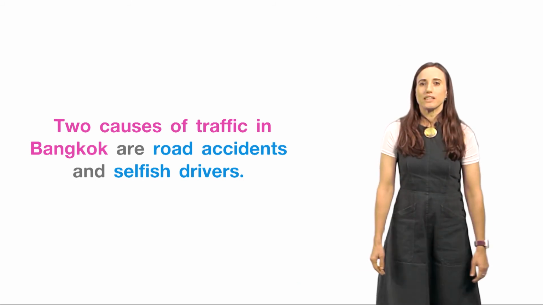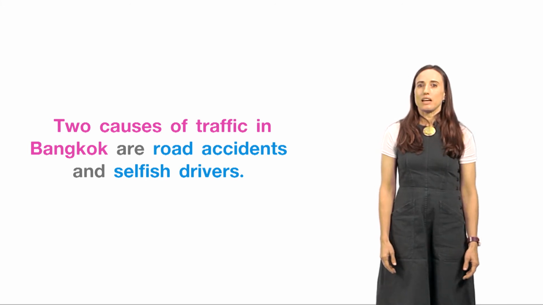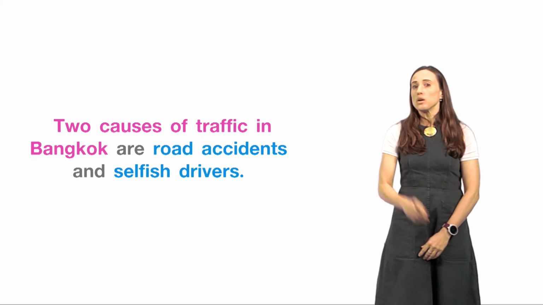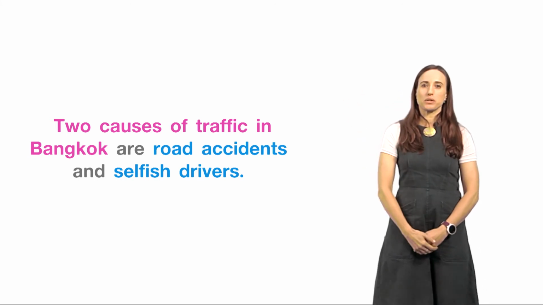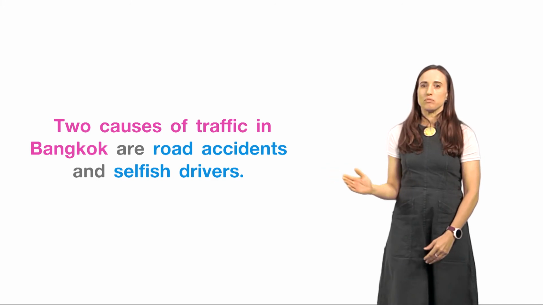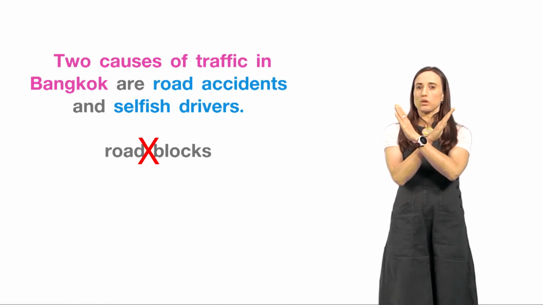We also know that the thesis statement imposes limits on the topic. That means that whatever is not mentioned in the thesis statement will not be discussed in the body paragraphs. By looking at the thesis statement above, we know that this essay or presentation will not talk about roadblocks.